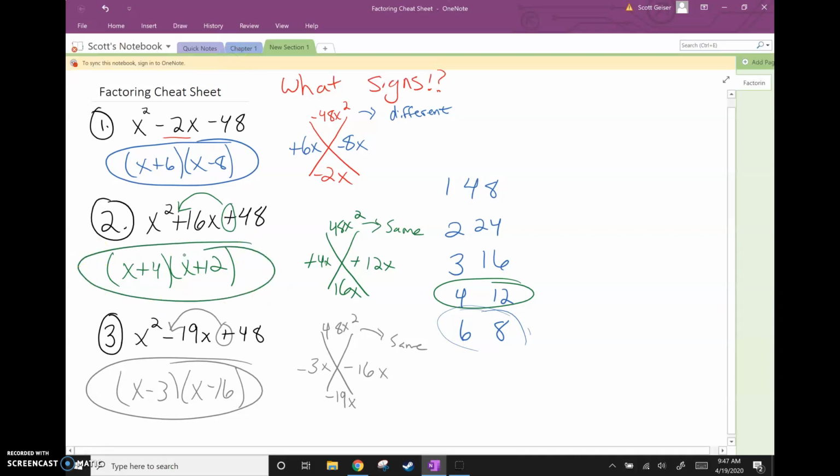Okay, so for a shortcut, I'm going to do a little wall here. I'm going to look at the signs.